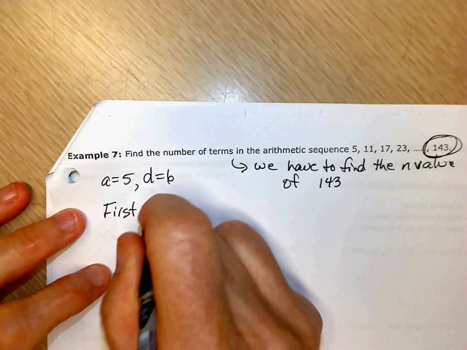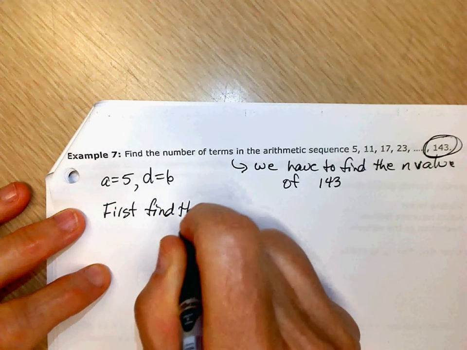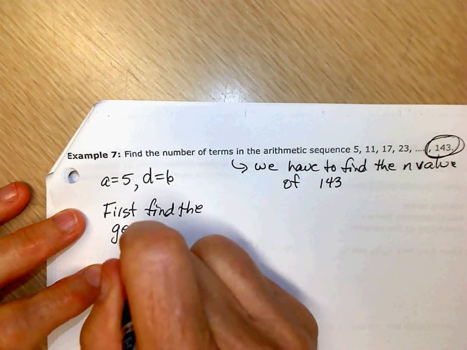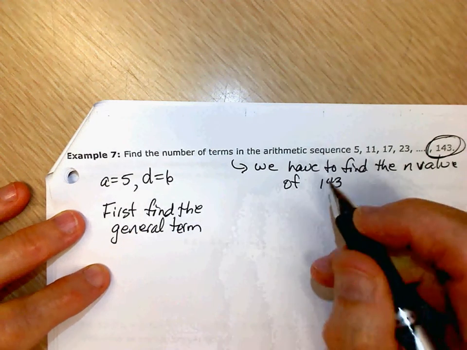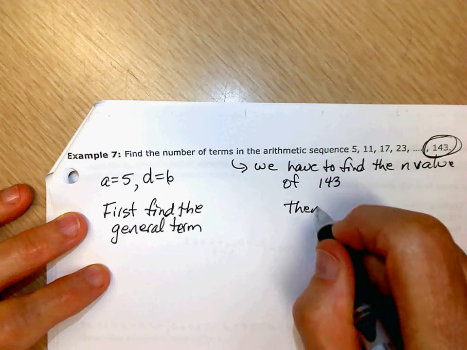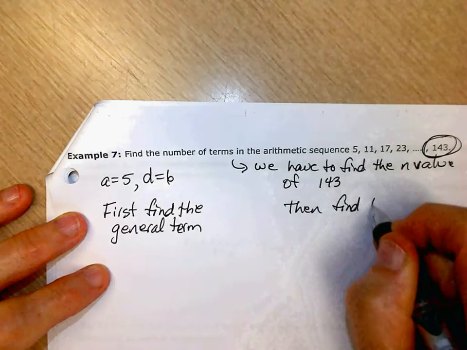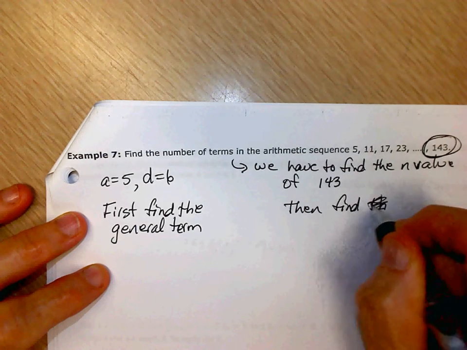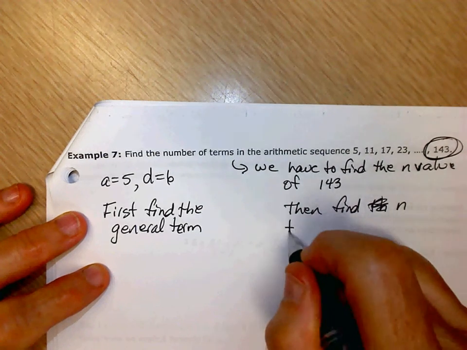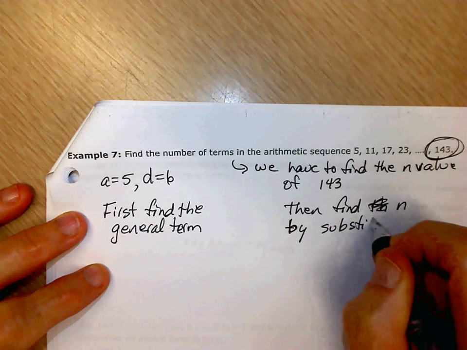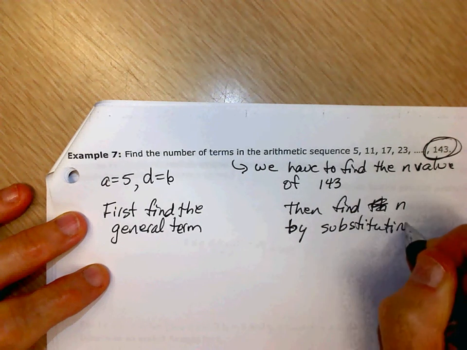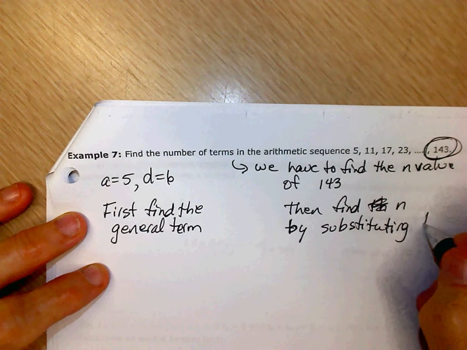So first, find the general term. Then find n by substituting Tn equals 143.